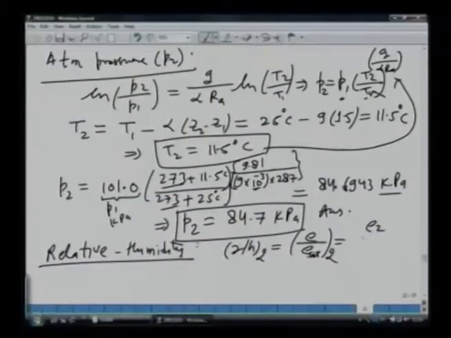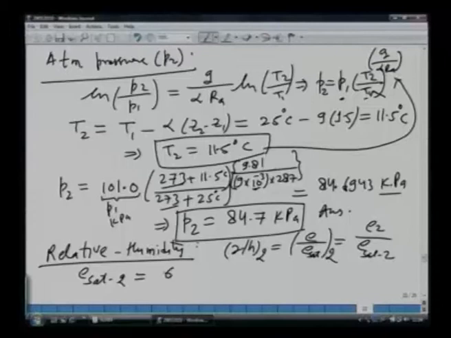Now, we have already found out E2 earlier, and what we need is E sat at a height of 1500 meters. What is E sat 2? What will be the saturation vapor pressure at the second cross section, or at a height of 1.5 kilometers? Well, we know what will be the air temperature at that height. So, once we know the air temperature, we can put the value of that temperature in the expression we have.